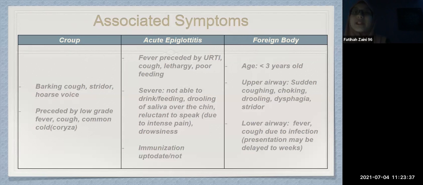And it is also important to inquire regarding the immunization history of the patient. Is it up to date or not? Because we know that Haemophilus influenzae B infection is one of the etiologies that causes acute epiglottitis.